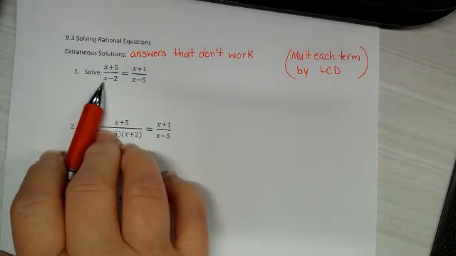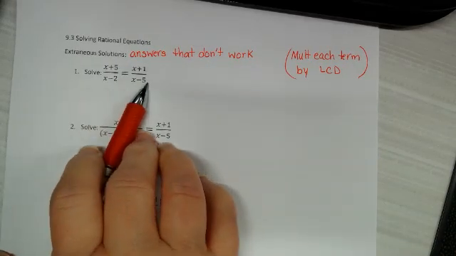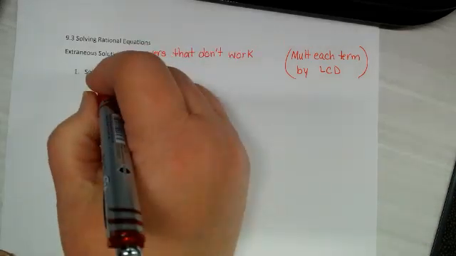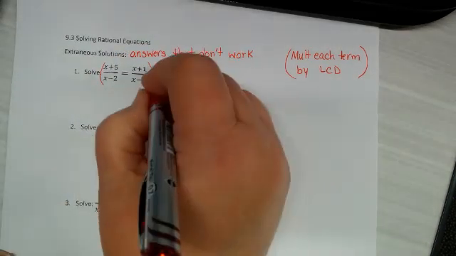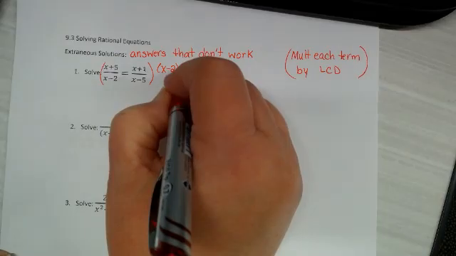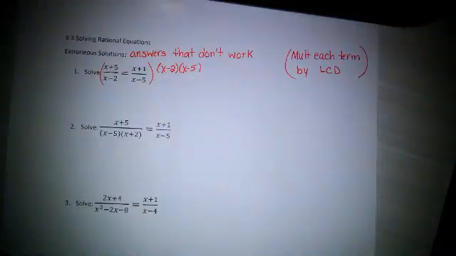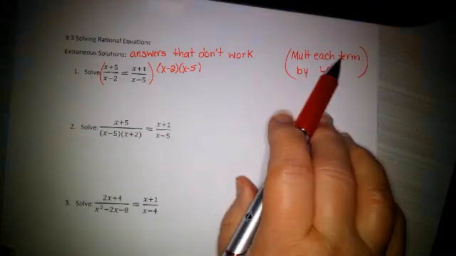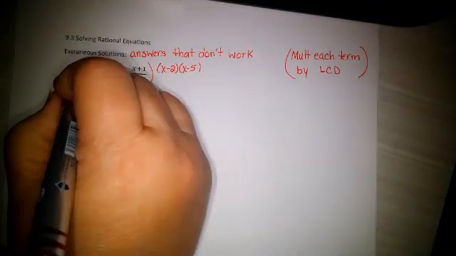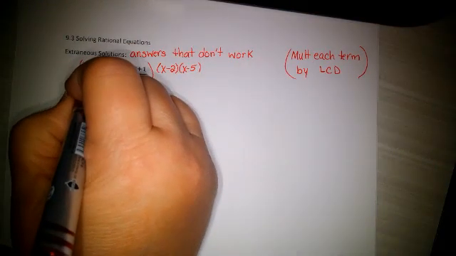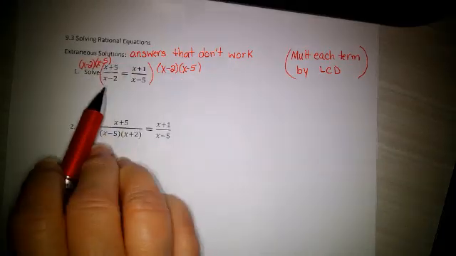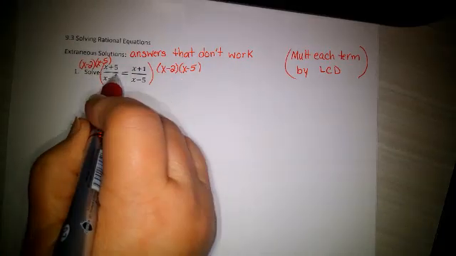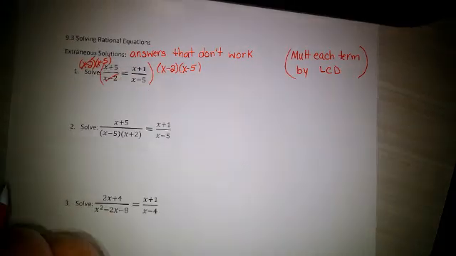So if I look at this equation, what is my common denominator? Well, I think it's going to be x minus 2, x minus 5. That's going to be my common denominator. So if I multiply each term by x minus 2, x minus 5, in the first fraction, this x minus 2 and this x minus 2 cancel.